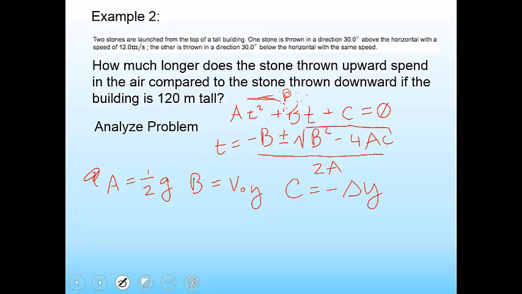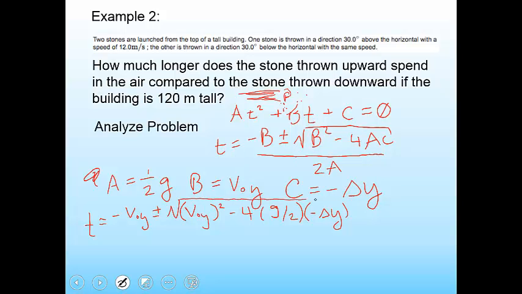And so t is equal to minus v naught y plus or minus the square root of v naught y quantity squared minus 4a, which is g over 2, times negative delta y. All that's under the square root, and then we divide by 2 times g over 2.